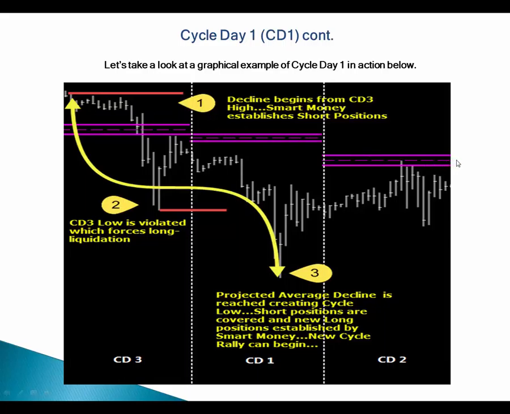There's no more interest at that particular level. It's time to sell whatever final longs we may have and establish a short position. So that's what happens on cycle day 3 once the buyers from the prior cycle are fulfilled.